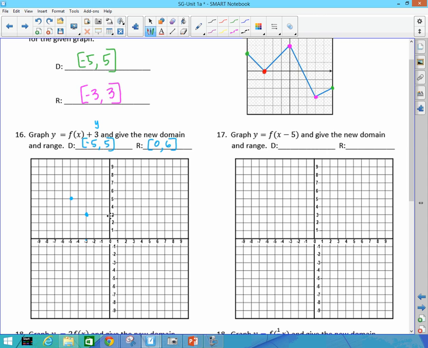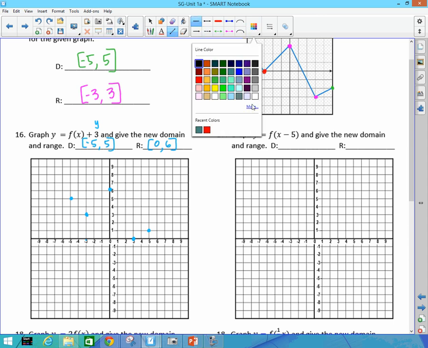It's now going to become 0, 6. This is the point 3, -3. So 3, -3 becomes 3, 0 because I went up 3 units. And then the last one is 5, -2. 1, 2, 3 becomes 5, 1. Okay? So from there, use your straight edge because all of these are straight.